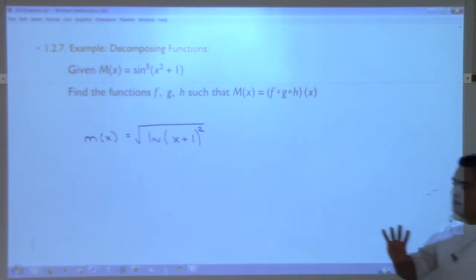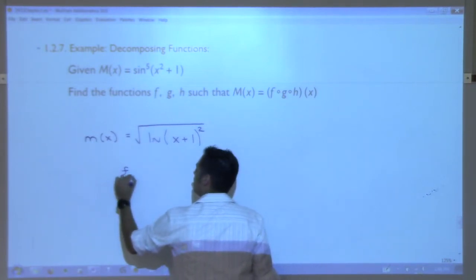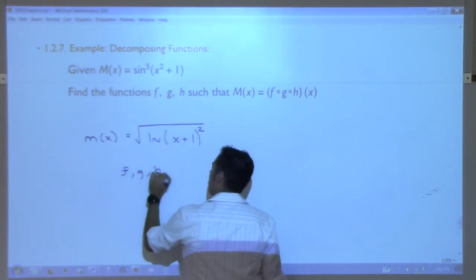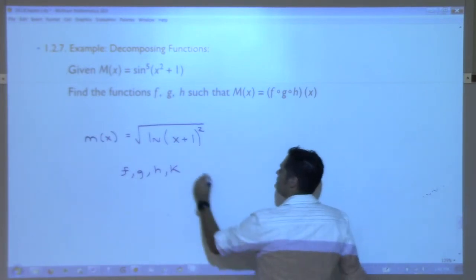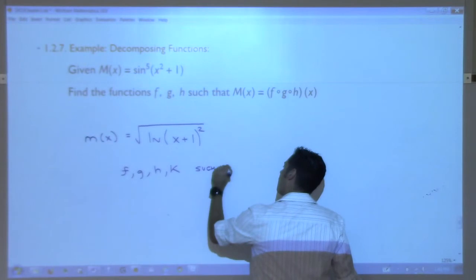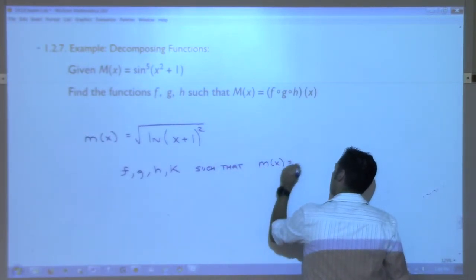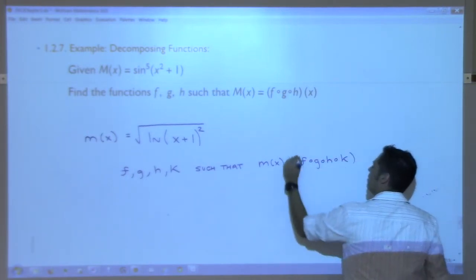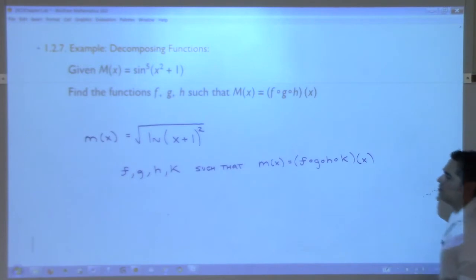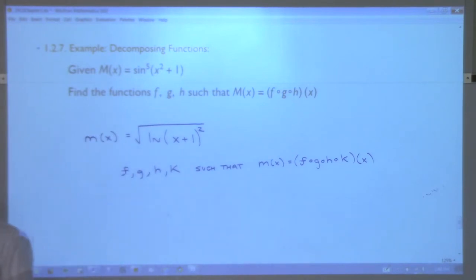So here's what I want. I want you to find an f, a g, an h, and a k such that capital M of x is f of g of h of k of x. So can you break that down into the composition of 4 functions?